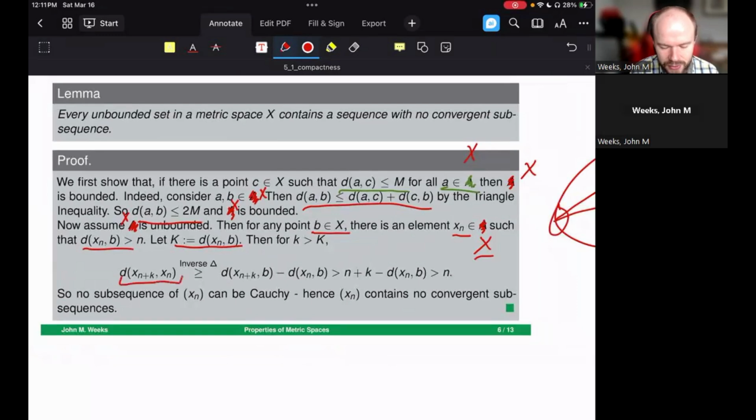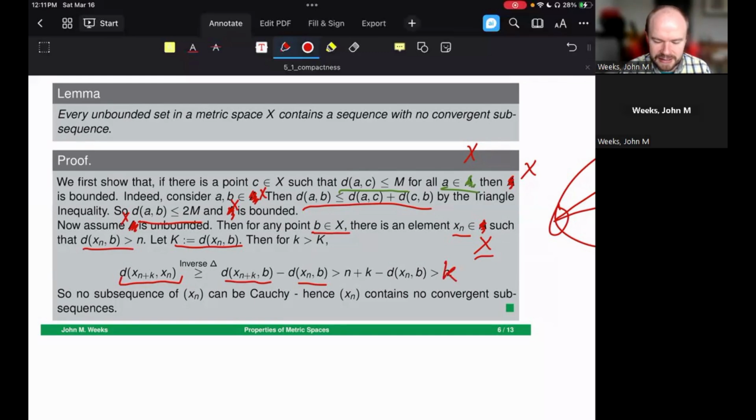Let's see the distance from x_{n+k} to x_n here. I'm going to claim that the distance between these two things is going to be very large. And the way I'll do that is to try and compare what both of these things are in terms of the value of B. So let's go through and see how that looks.